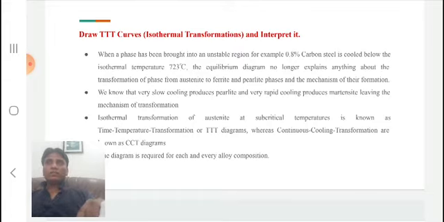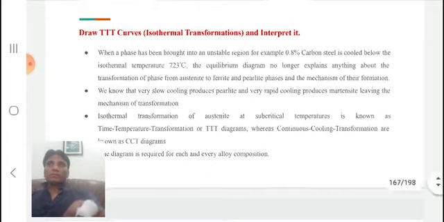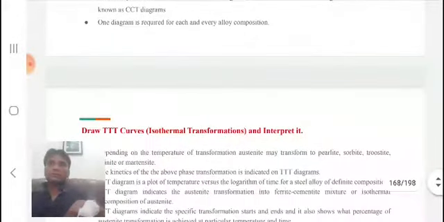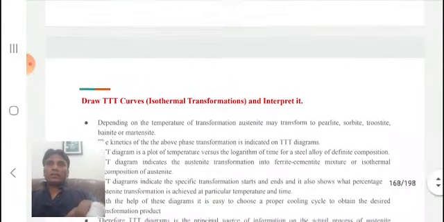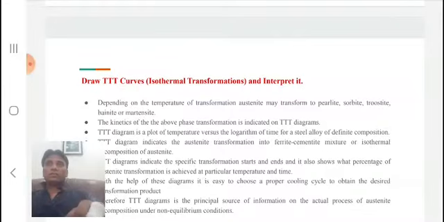So therefore it is very essential for us to understand how exactly a time temperature transformation curve is formed.